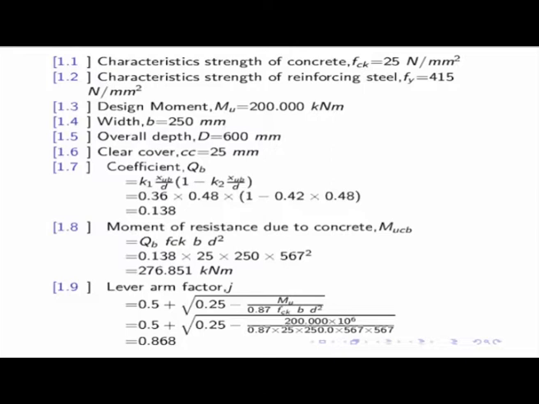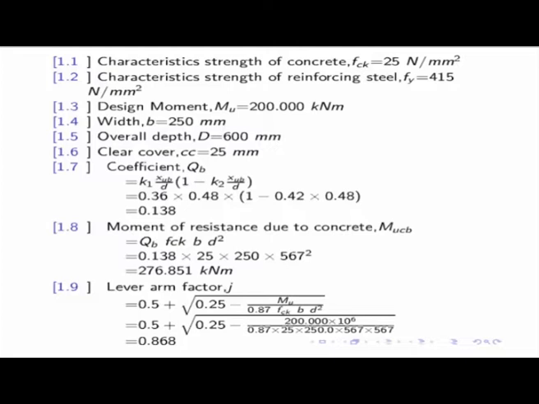What about the coefficient Qb? That one I am considering, as you all know, 0.138 Fck bd square. That value we can calculate with 0.36 into Xu by B, the balanced one, which you can also get from the IS code, 0.48 into 1 minus 0.42 into 0.48. This is the coefficient I get, which we discussed yesterday.